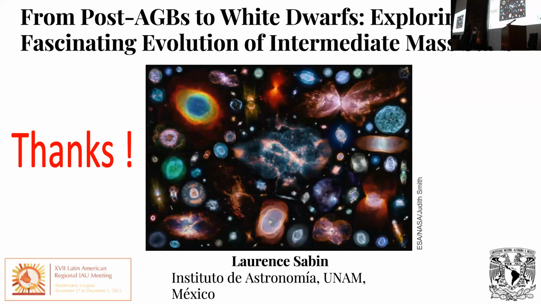Well, I would say it lasts as long as the planetary nebula will live. It's really something that will disappear after, maybe for the most massive objects, maybe 30,000 years, a bit more, depending on the initial mass of the objects.